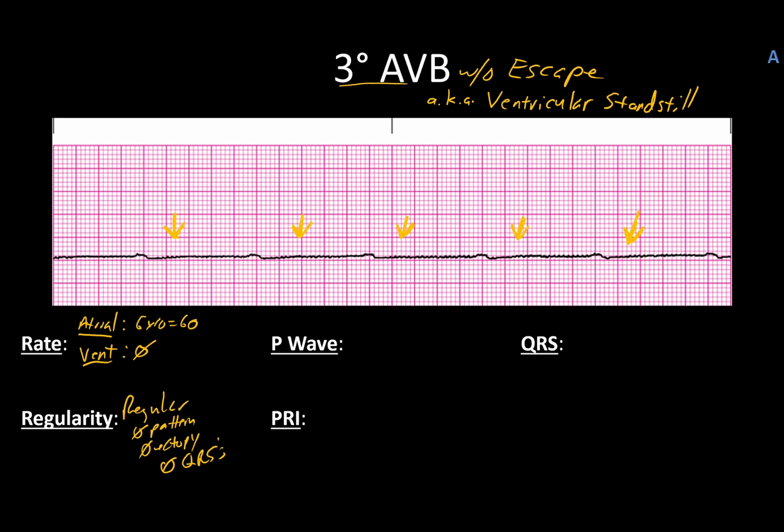As for the P waves, they're upright and uniform. They are definitely regular. We have P's only. Of course, there's no PRI that you can measure because you don't have a QRS, and none.